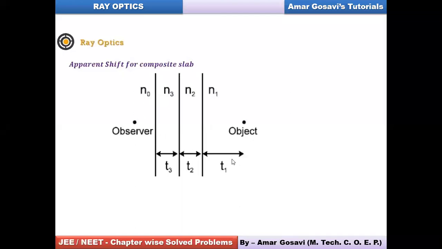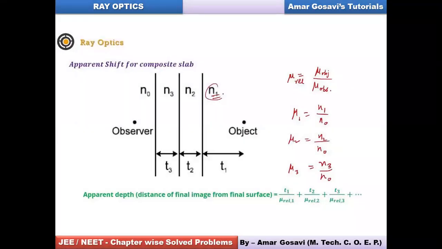Let's say t1, t2, and t3 are the thicknesses of the corresponding mediums. The object lies in medium 1, and the observer is observing this object from this particular point, covering all these layers. Then in that case, what would be the apparent shift? The name of the topic itself suggests apparent shift for the composite slab, friends.